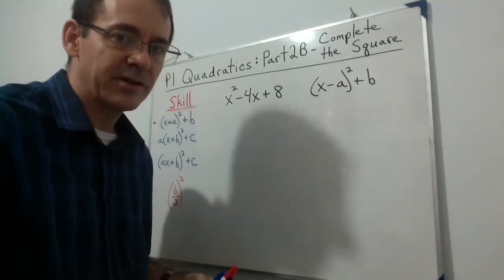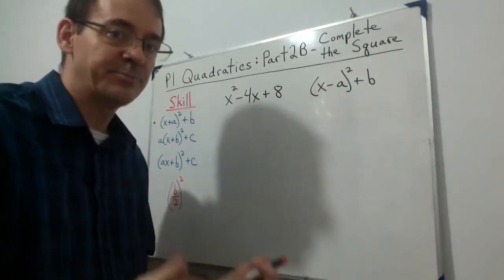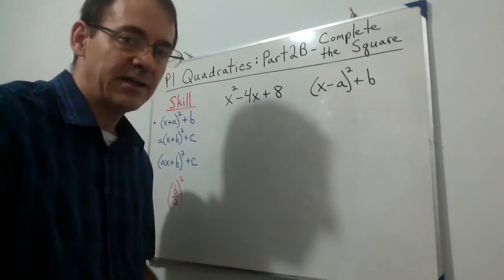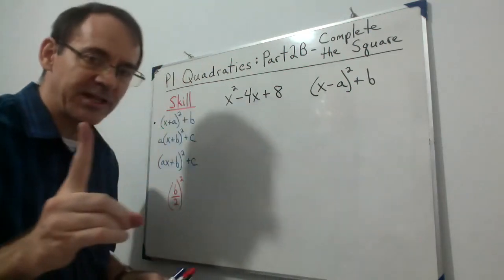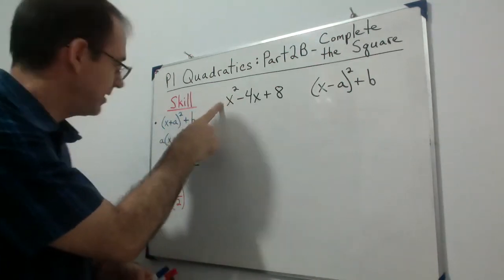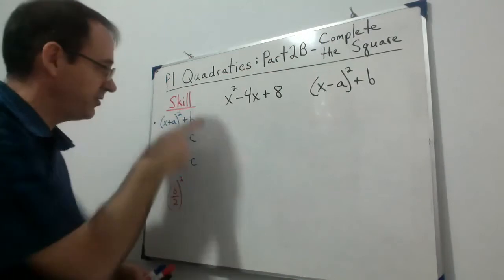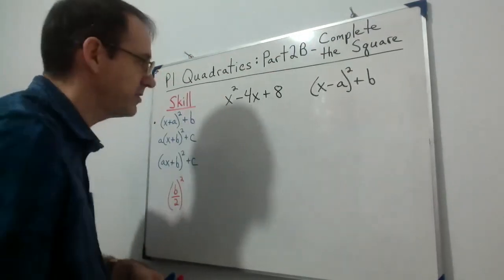It can be a little confusing, but they are at least indicating for us that they expect to get a negative in this location. Okay, so again, remember, first make sure that your A is 1, which it is going to be for this easier version. We have 1 for our lead coefficient.